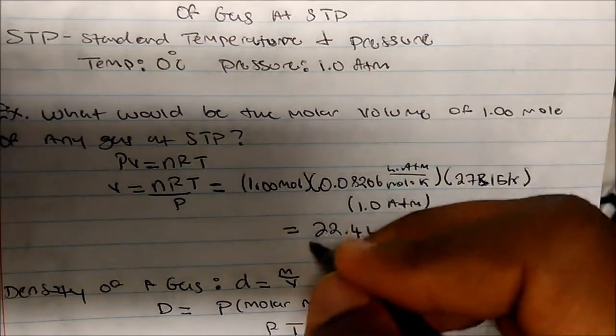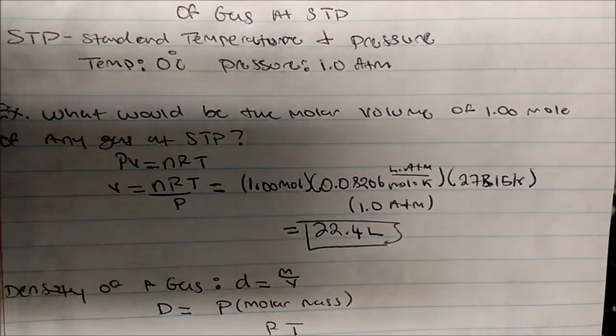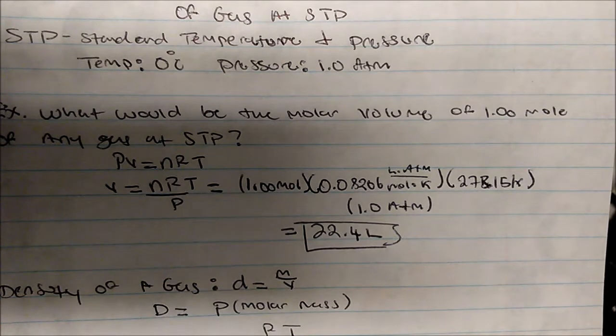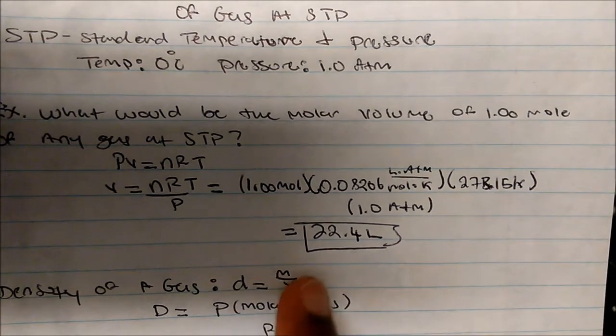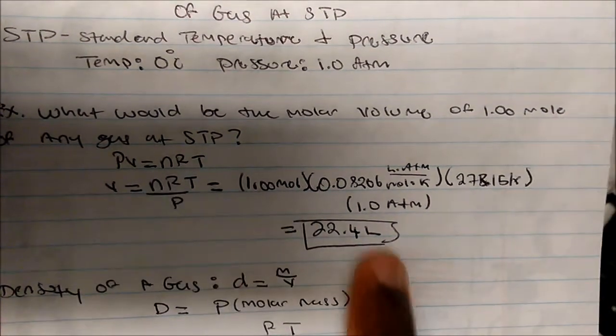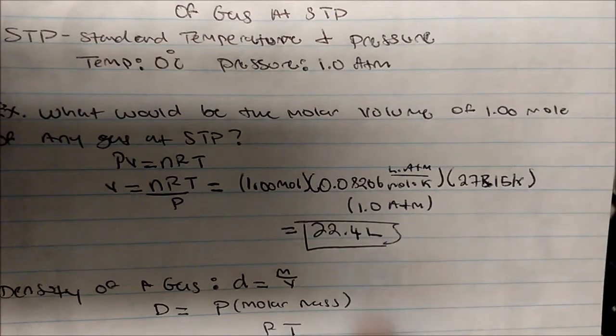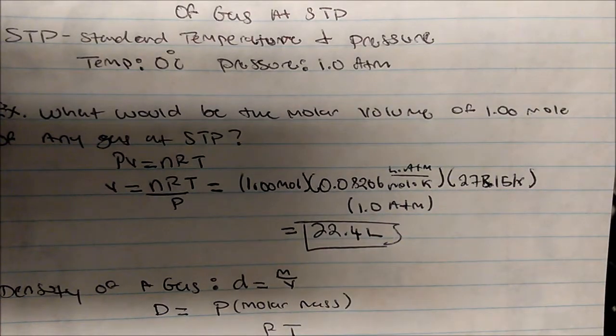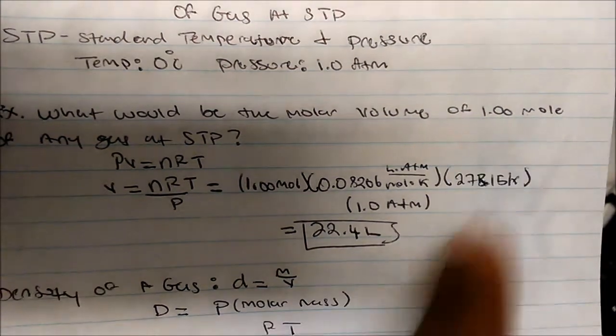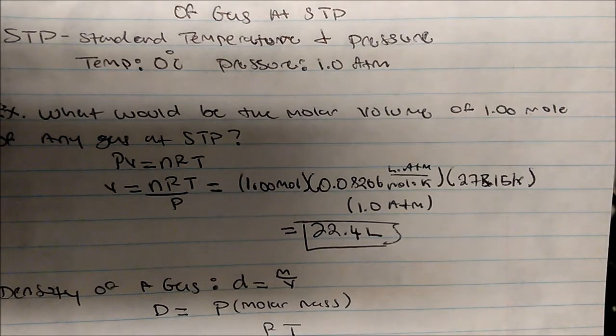So this is the answer: the molar volume of 1 mole of any gas at STP happens to be 22.4 liters. So that's special. But remember, it has to be 1 mole. If it's 2 or something else, that would drastically change our answer.